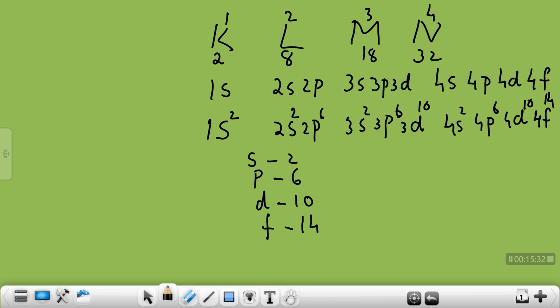Then after filling 6 electrons in the p subshell, electrons will go to the d subshell. Then after filling 10 electrons in the d subshell, electrons will go to the f subshell. So the maximum number of electrons in the s subshell is 2, p is 6, d is 10, and f is 14.